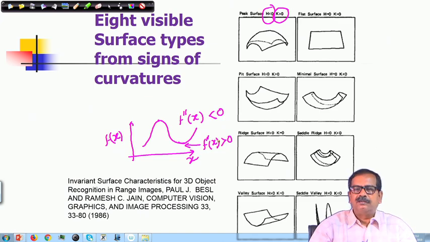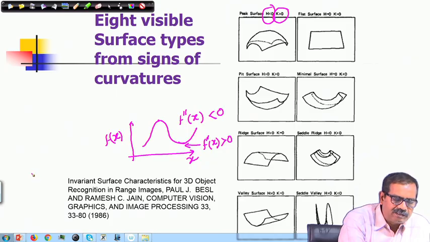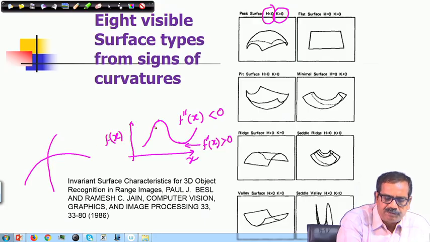And we also know that this maximum and minimum are characterized by the gradient value being equal to 0. However, the fact is that this curvature is almost proportional to the double derivative of the functional value. So, in a surface again we can consider any particular curve which has this kind of shape.